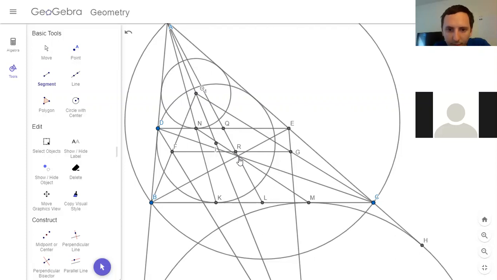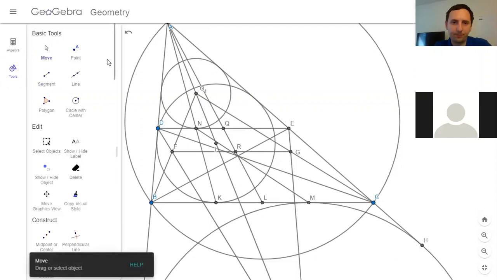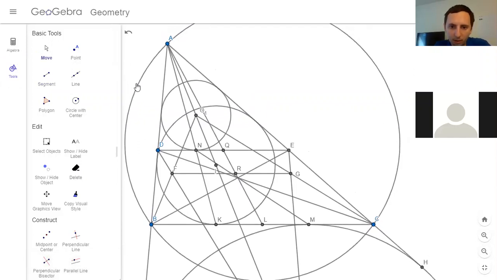But I'm not sure how that shows that MN bisects it. I feel like we're pretty close though.